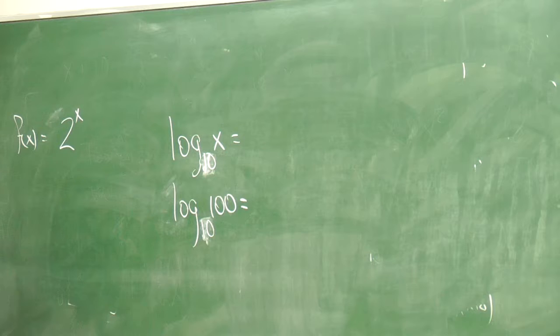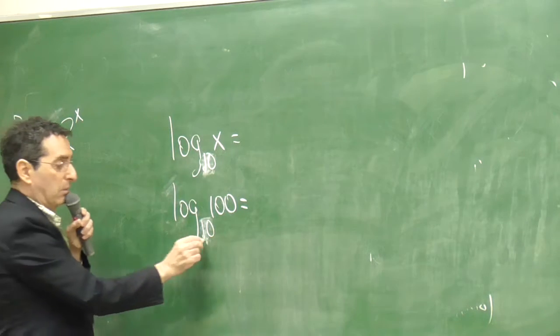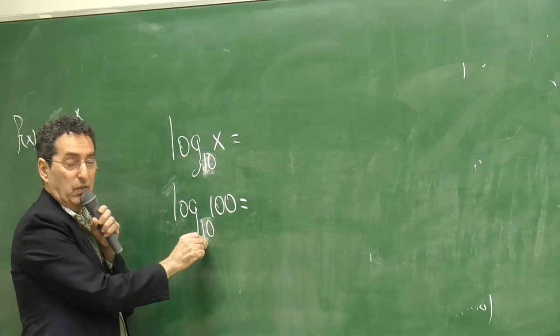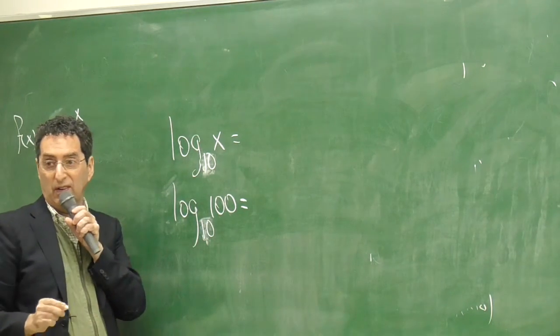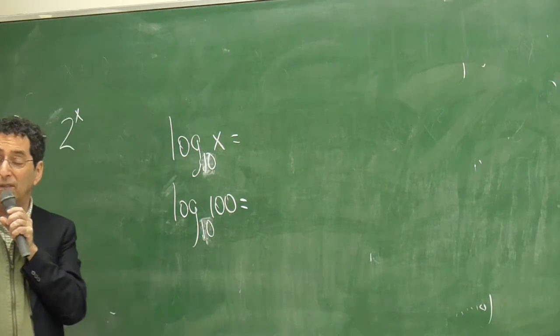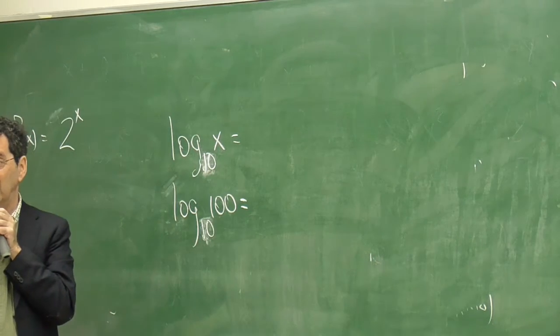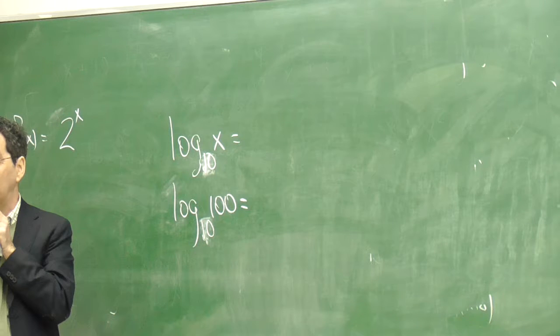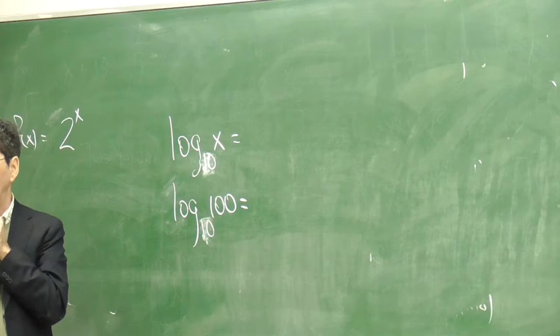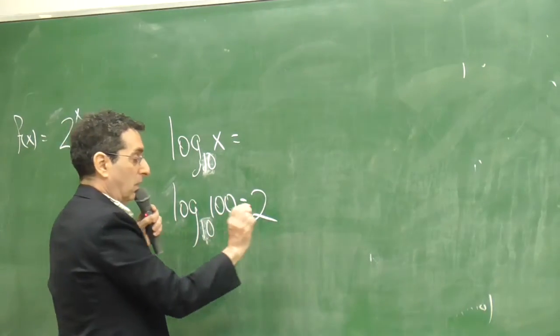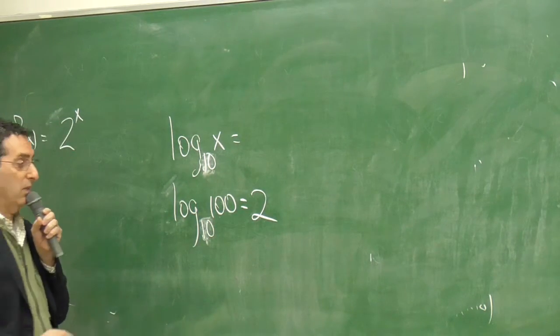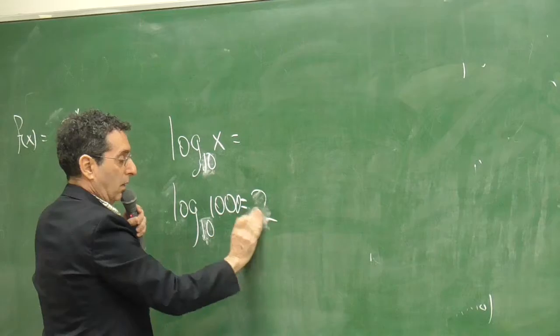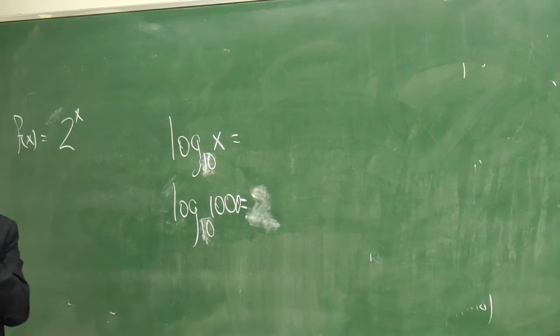No? Forgot? So this means, what number do you have to raise 10 to get 100? 2, right? You have to raise 10 to the second power to get 100. So this is 2. Okay, so if I asked you this, what would the answer be?